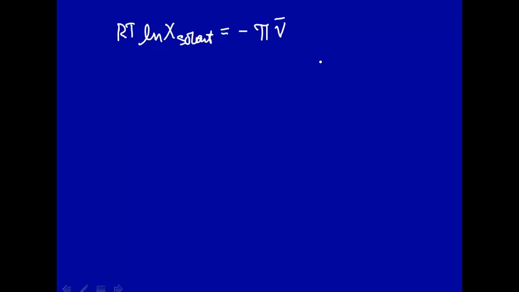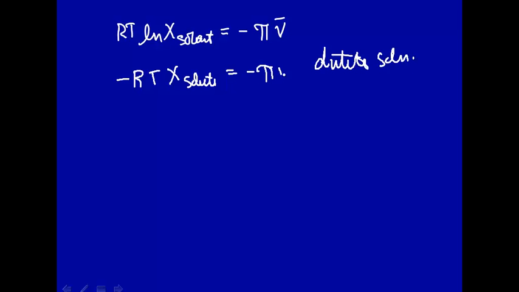We'll make our usual assumption of a dilute solution, where the mole fraction of the solvent can be replaced by 1 minus the mole fraction of the solute. So this will be equal to minus RT times the mole fraction of the solute, and we did that with the Taylor series expansion, is minus pi times partial molar volume.